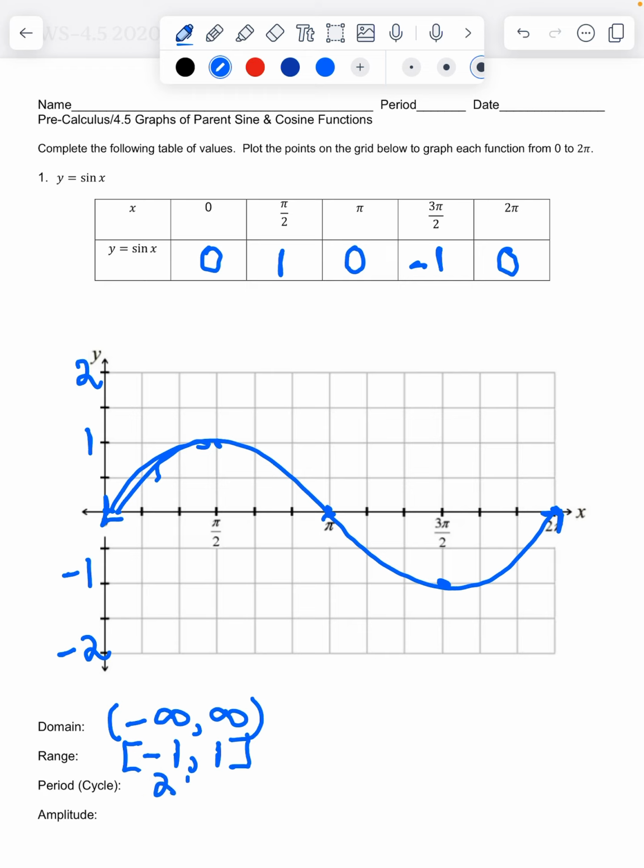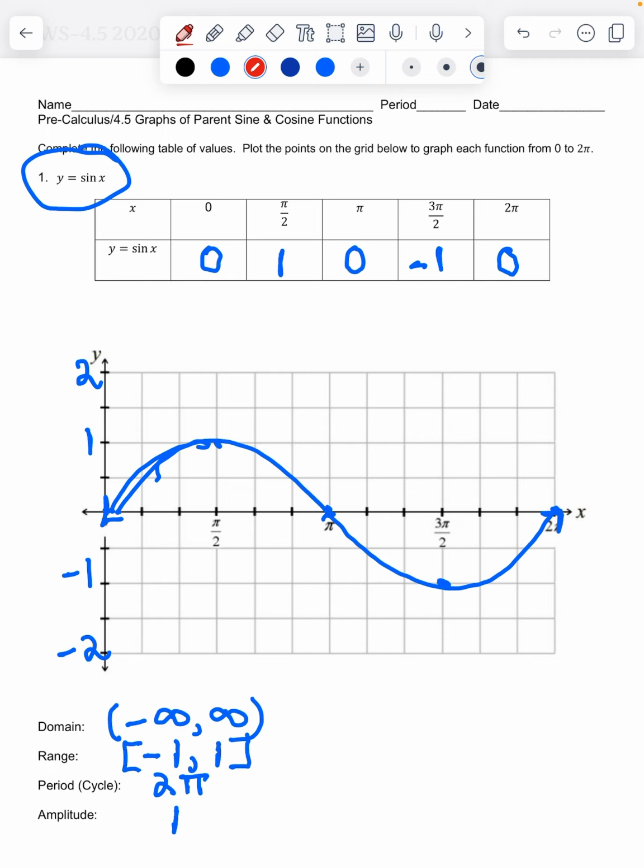The period is how many radians it takes for one complete cycle, which includes one peak and one valley, one high point, one low point. And the amplitude is the distance our peaks and valleys are from the x-axis. And distance is always positive, so at the highest and lowest point, we're 1 unit from the x-axis. So that is y equals sine x.